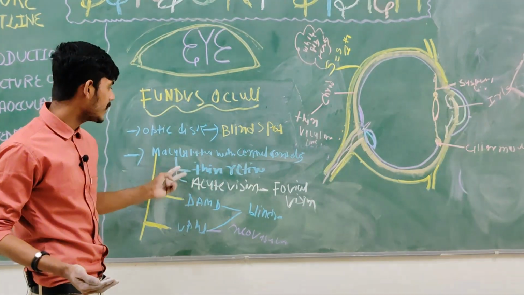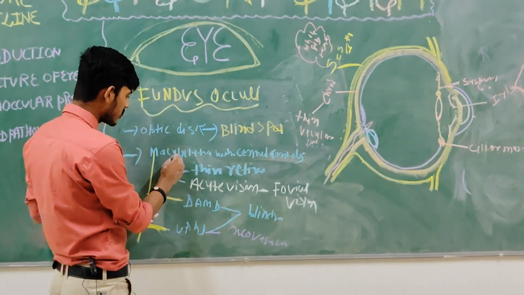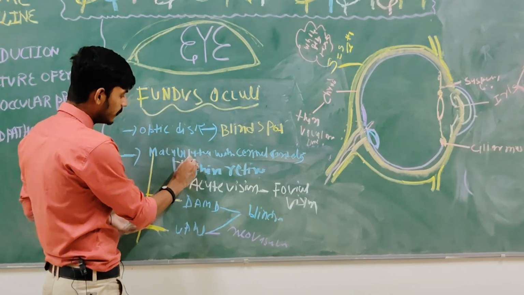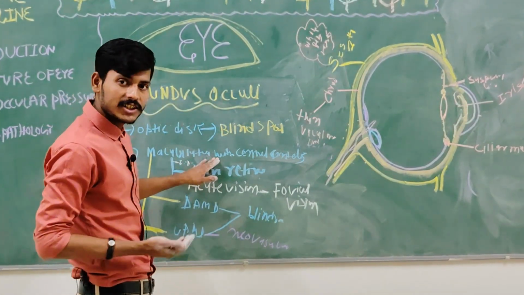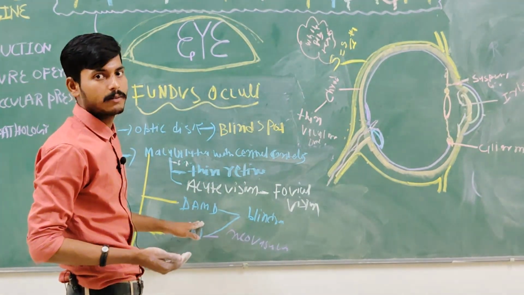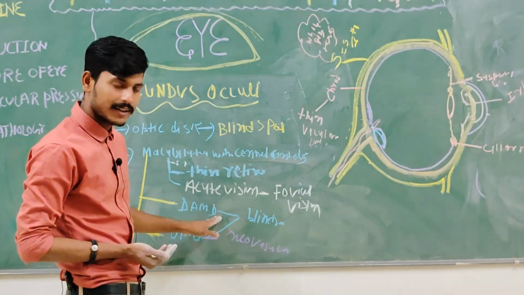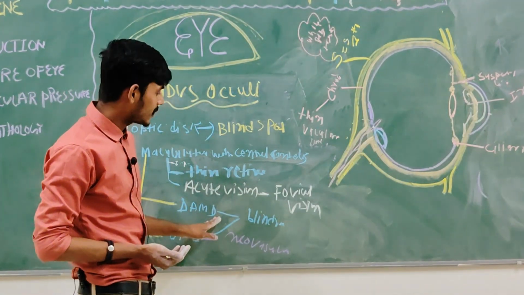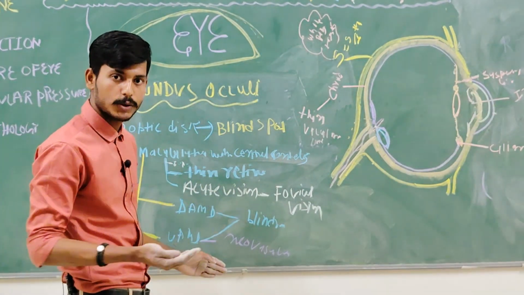This macula lutea is responsible for the central vision, and due to the degradation of this macula lutea there is blindness, and basically it is age related. If it is due to dry age related macular degeneration, DAMD, that also leads to blindness, and sometimes there is neovascularization due to some pathology.